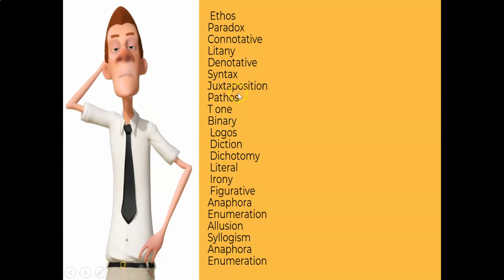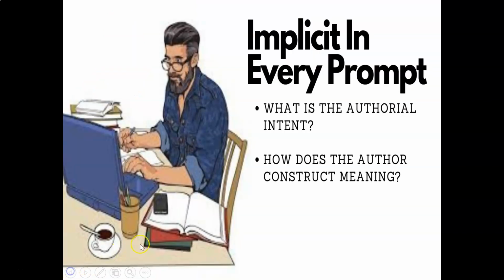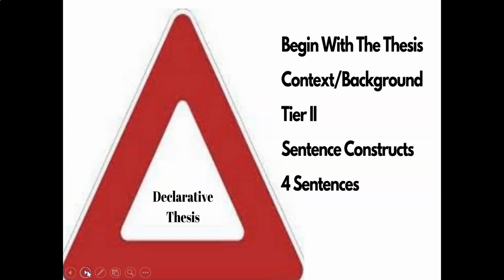So go back to the poster, right? They have to find the 3 most important ones that are manifest in that commercial and lead with that in the introductory paragraph. How does the author construct meaning? So 3 sentences, because you got 3 terms. What is the authorial intent is going to be a 4th sentence, right? So always 4 sentences.